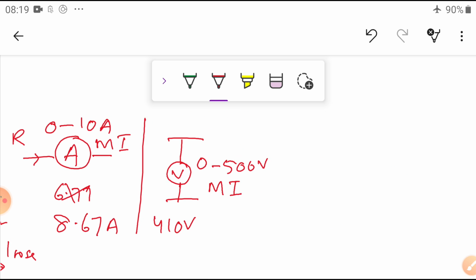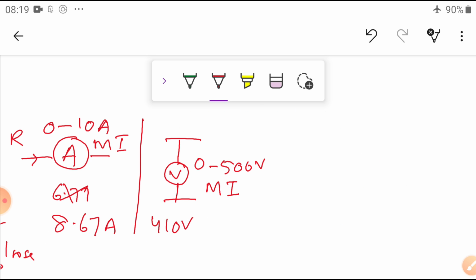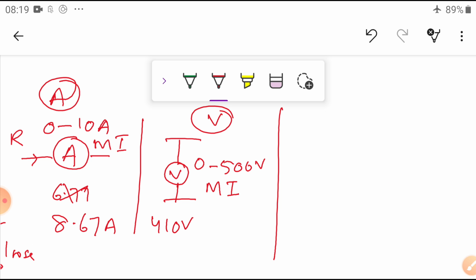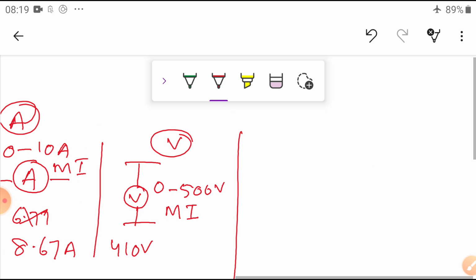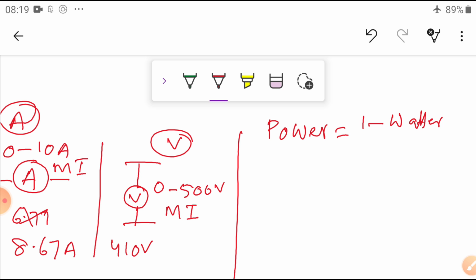Now coming to the wattmeters. This is the ammeter value, this is the voltmeter value, and next is the power. Voltage purpose, current purpose, and power purpose. So power can be measured with the help of a single wattmeter for a balanced load.